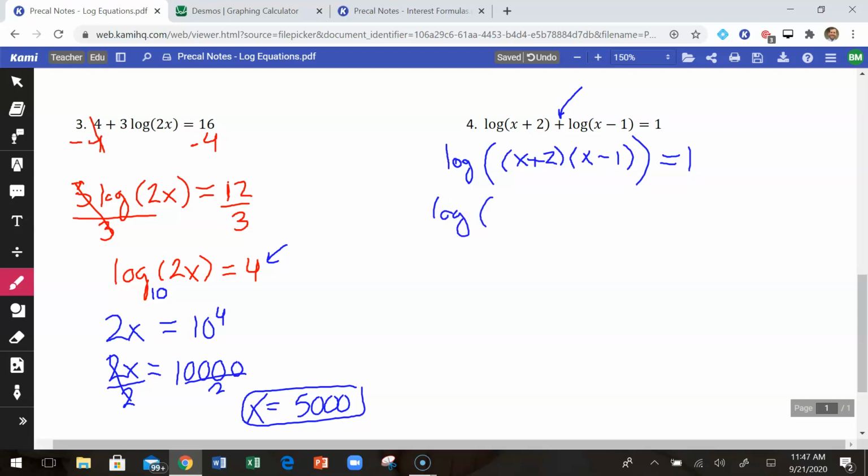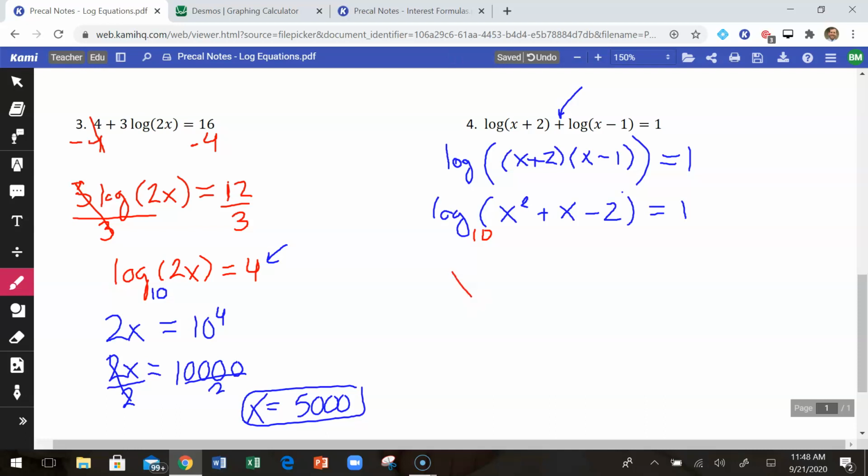If I multiply the inside here, I need to multiply this out. I'm going to get x squared minus 1x plus 2x, so it's going to be plus 1x and minus 2, and that's going to equal 1. At that point, again, I'm going to realize this is log base 10.